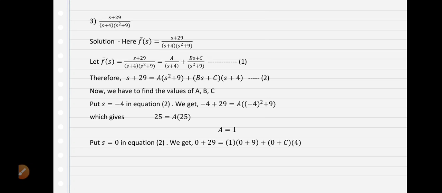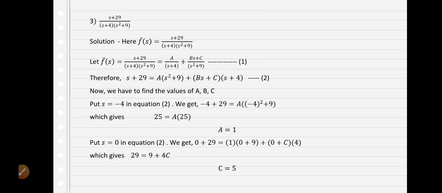So this expression is involving only one constant, that is capital C, and hence we can find its value very easily as c equal to 5. Now we have obtained the values of two constants out of the three constants, that is a equal to 1 and c equal to 5.